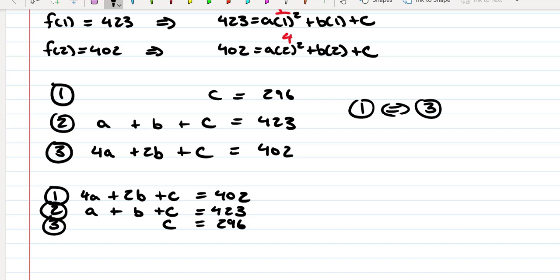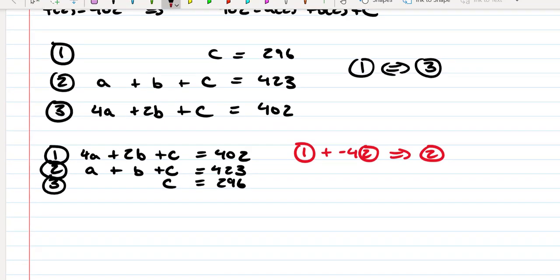So I'm going to have equation 1 plus -4 times equation 2, to replace equation 2. So my equation 1 is 4a plus 2b plus c equals 402.